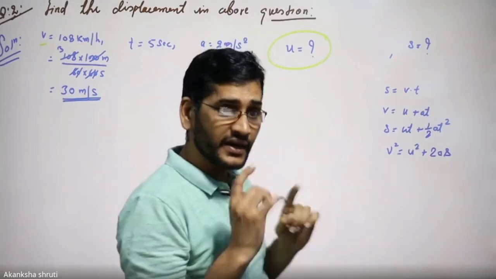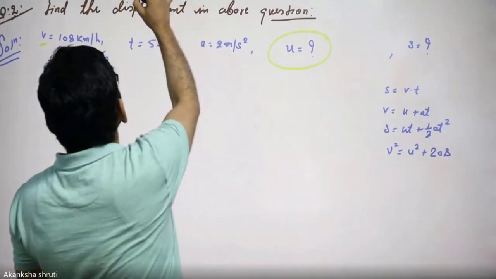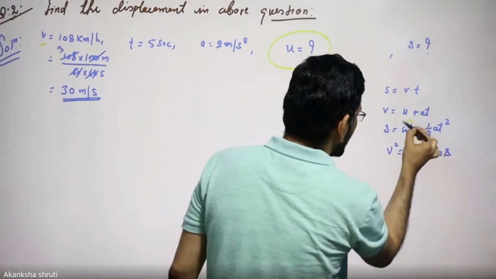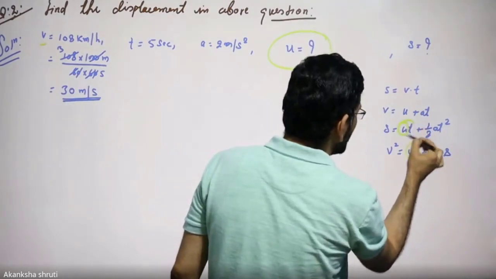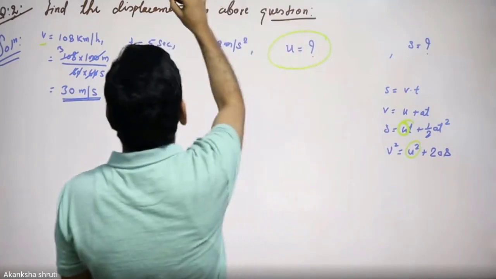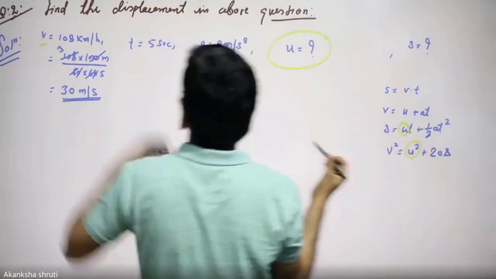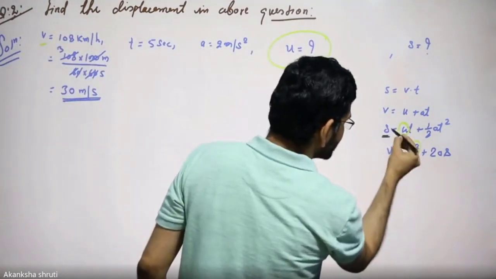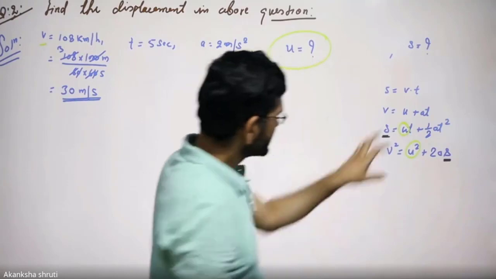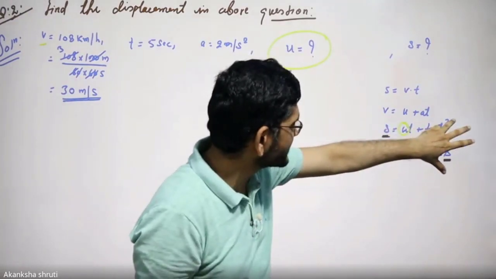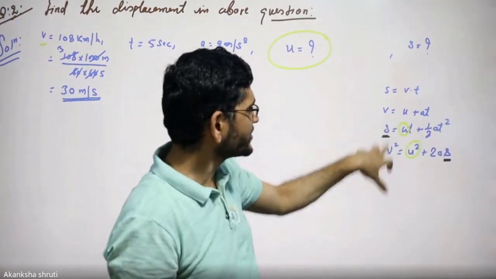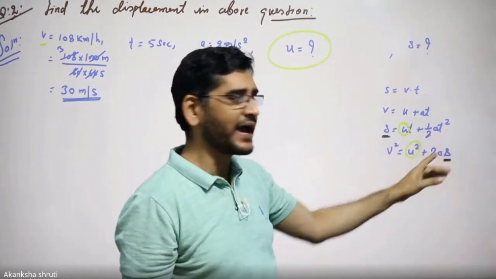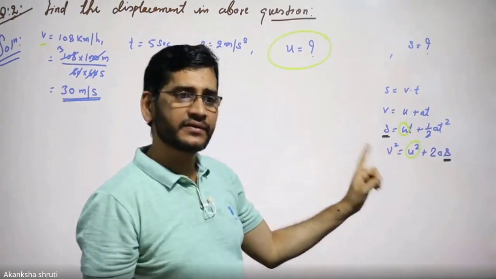So from here, students, we are getting that this U is very important, because without calculating U we cannot calculate S. We have to calculate this displacement S either by this one or by this one. So we observe that either of these two equations, the second or third kinematic equation, can be applied for calculating the displacement.